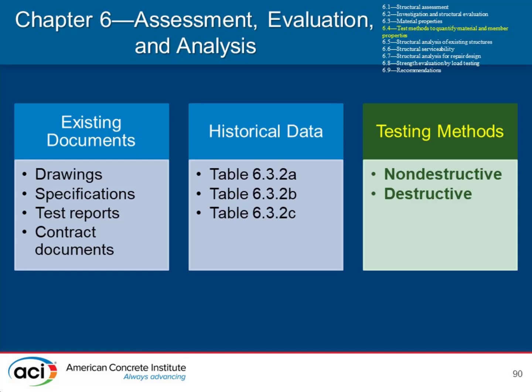The number of samples shall be determined as part of that evaluation process. And really the objective is to obtain reliable information to assist in the evaluation of an existing structure, taking advantage of methods that are non-destructive or methods that involve local surface damage only.